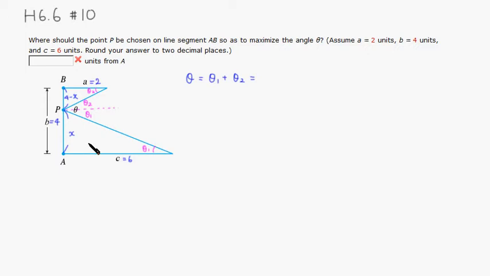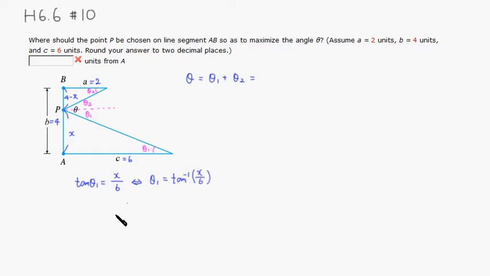So we can look at the tangent. Tangent of theta 1 is opposite x over adjacent 6, which is equivalent to saying theta 1 is equal to arctangent of x over 6.